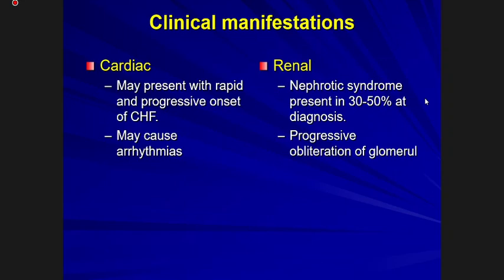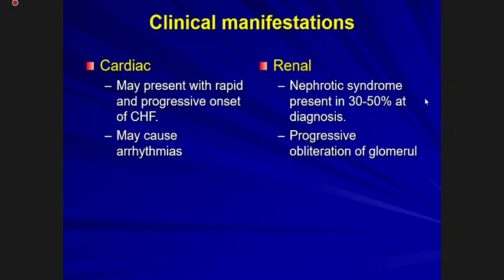Okay, anyone knows what nephrotic syndrome is? Anyone? Kidney, Prof. Yeah, kidney. Nephrotic you will learn later; you can learn more in year 2 when you do urinary. Nephrotic syndrome is a medical condition when you have proteinuria, loss of protein in the urine.